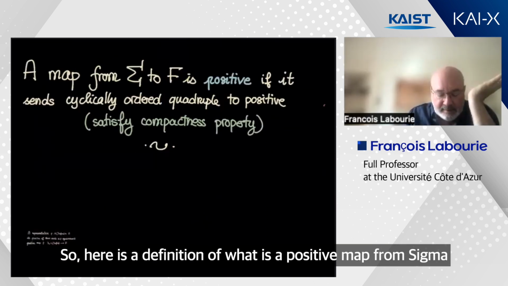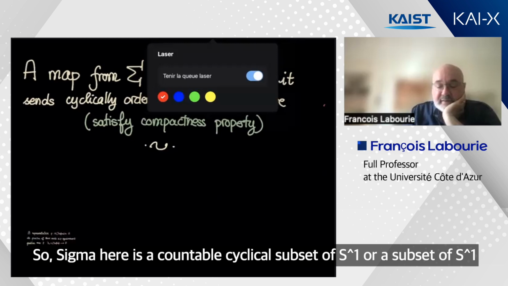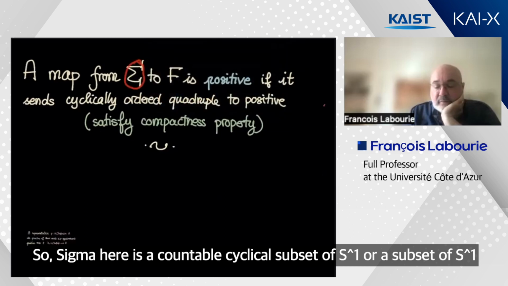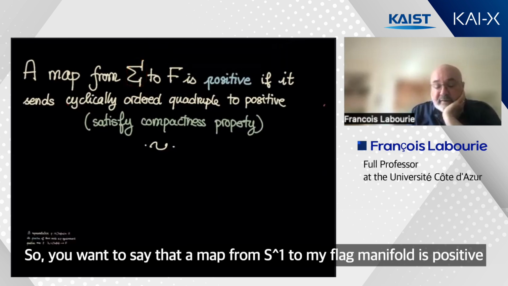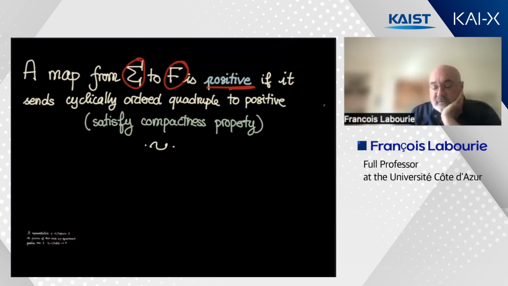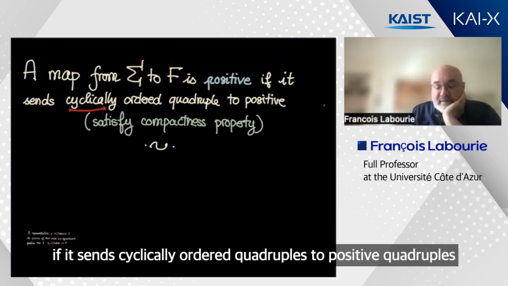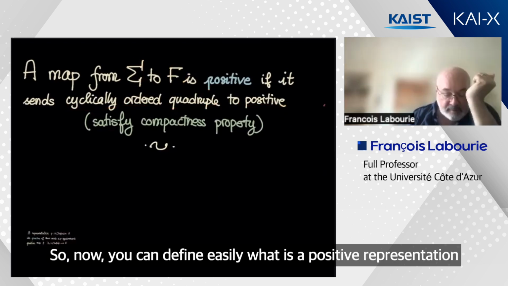So here is the definition of a positive map from Sigma, where Sigma is any subset of S^1. You say that a map from Sigma to my flag manifold is positive if it sends cyclically ordered quadruples to positive quadruples.